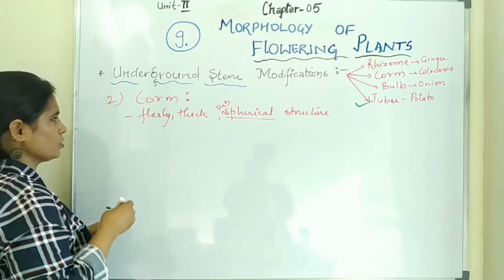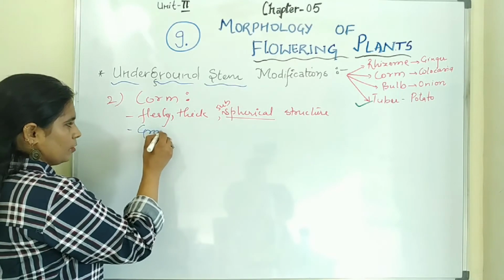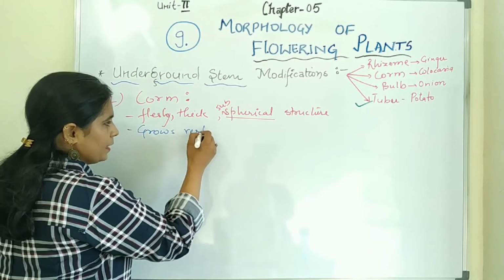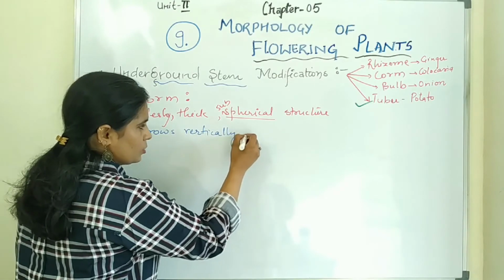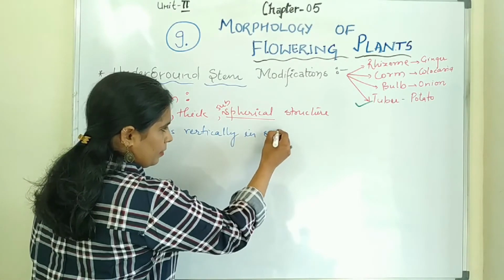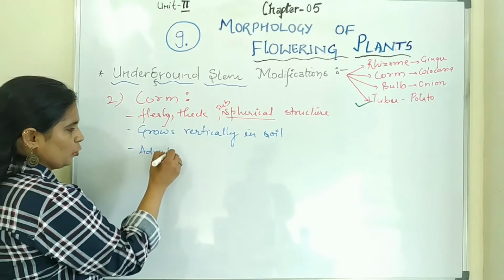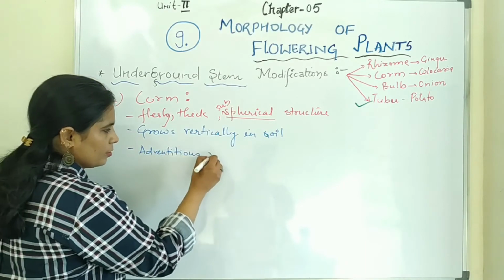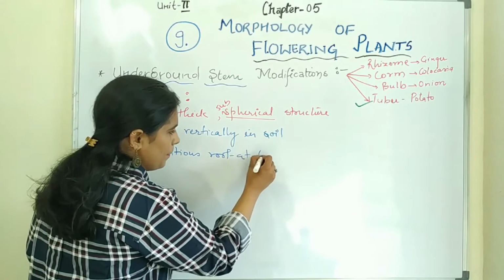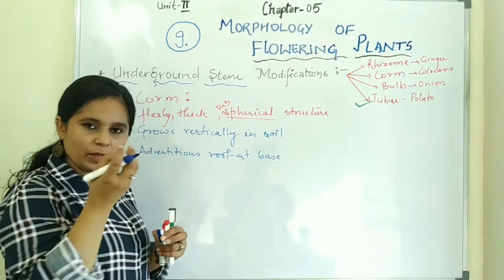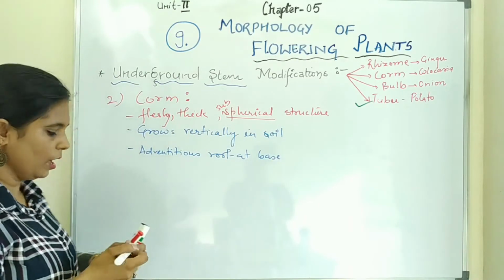It grows vertically in soil. You will see adventitious roots at the base. From the base you will see adventitious roots are coming.